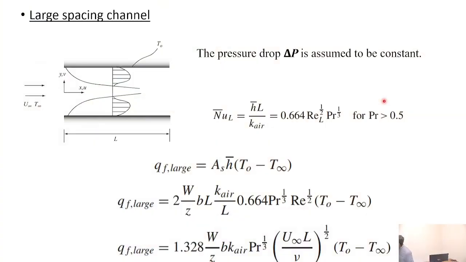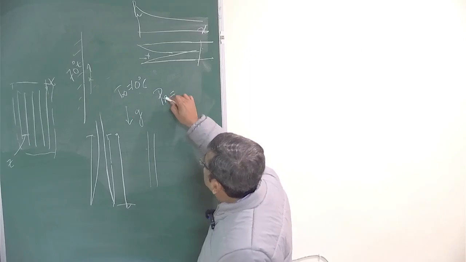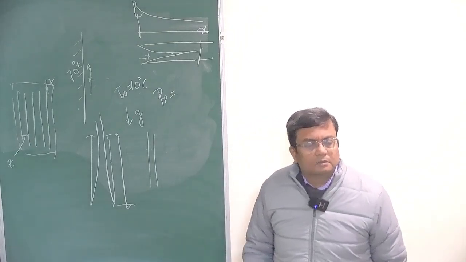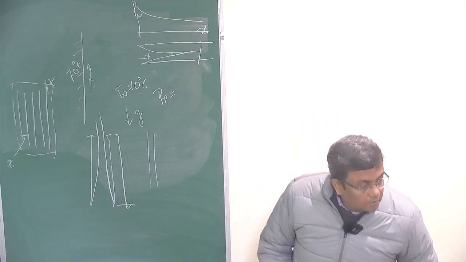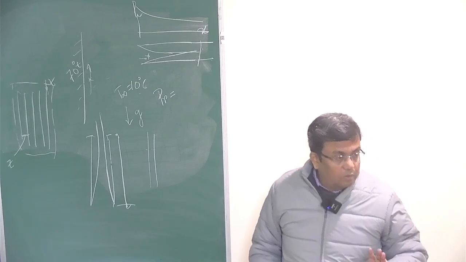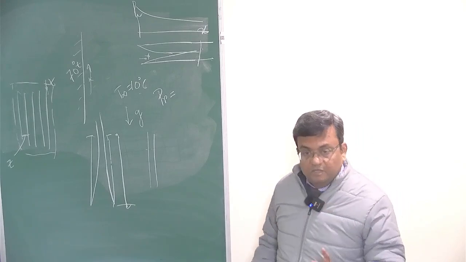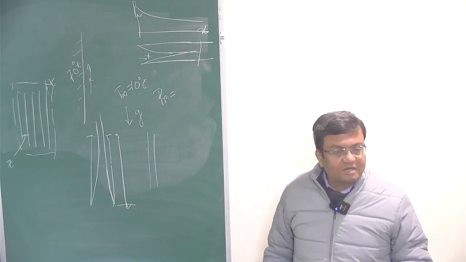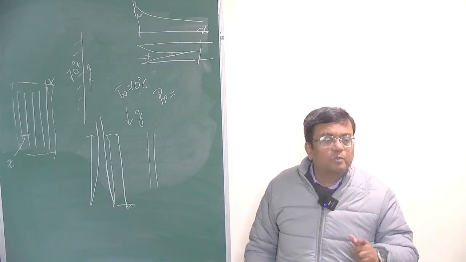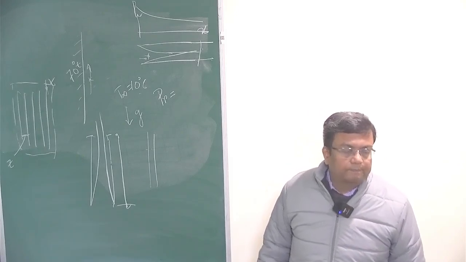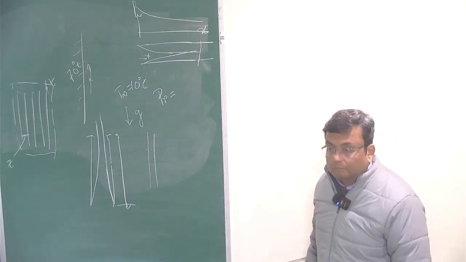And of course, it's temperature dependent. What is Prandtl number in terms of individual properties? No, Prandtl number doesn't have heat transfer coefficient. Prandtl number is a property of the fluid, but in terms of individual quantities, individual properties.